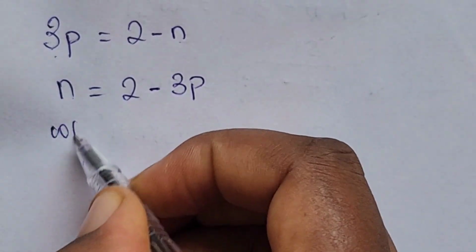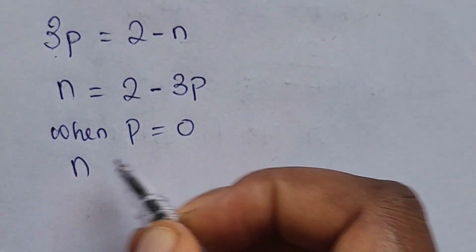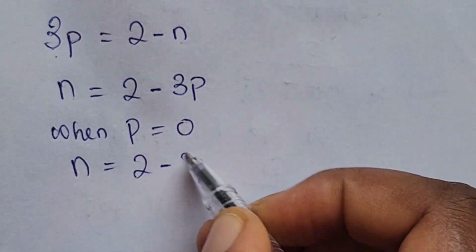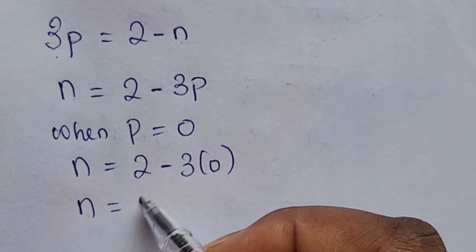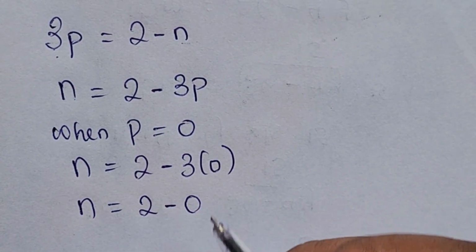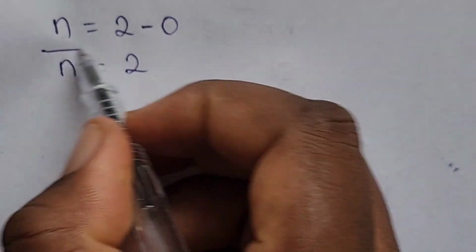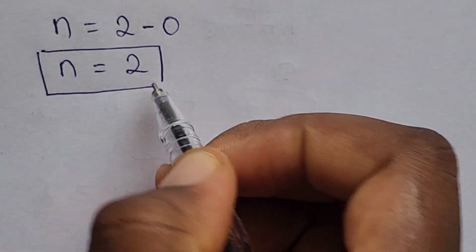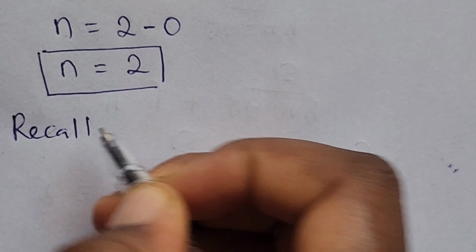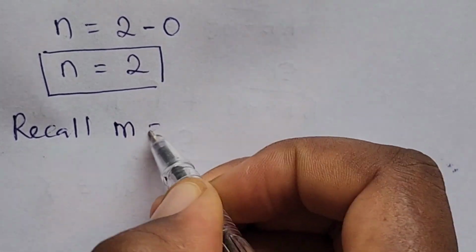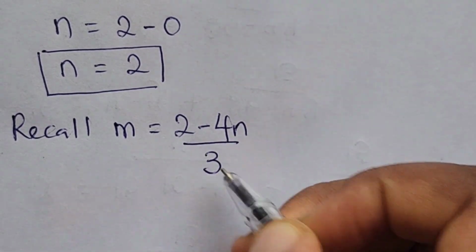So when p is equal to 0, we have that n is equal to 2 minus 3 times 0. And our n is equal to 2 minus 0. So our n is equal to 2. So we've gotten the value of n. Now let's recall that our m is equal to 2 minus 4n over 3.